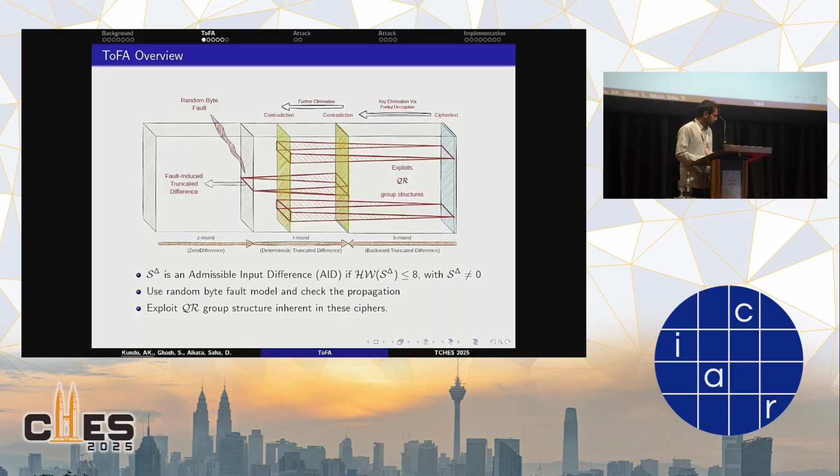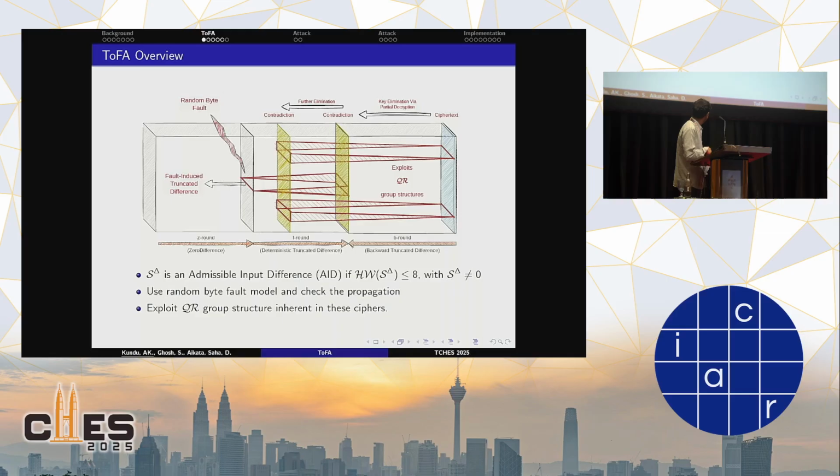In our attack for fault analysis, the first Z rounds have 0 difference. We give the same message only, and after some number of rounds, we inject a random byte difference.